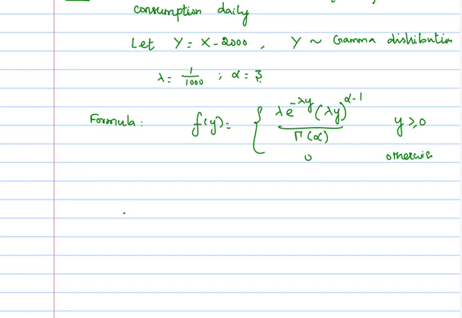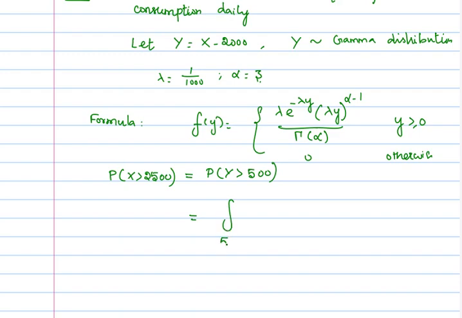They are asking what is the probability of x greater than 2500, which means probability of y greater than 500. This way we convert.